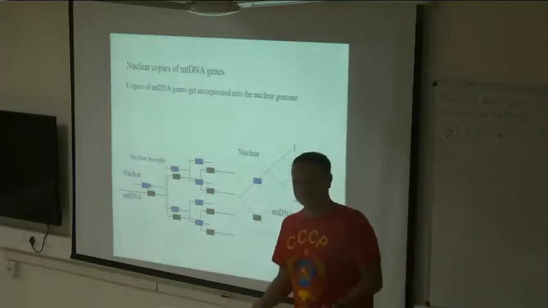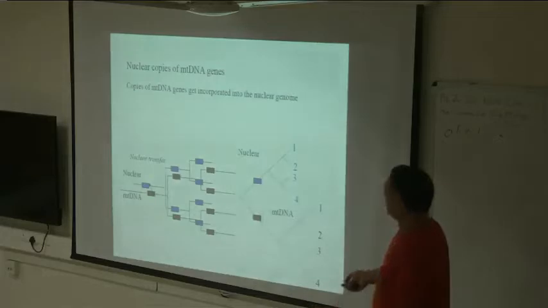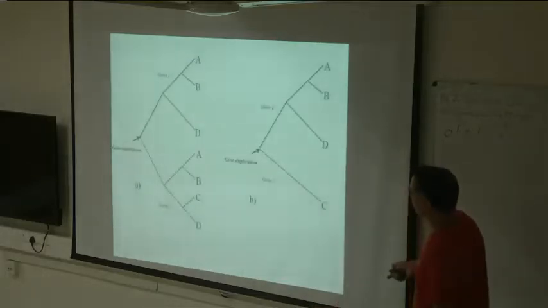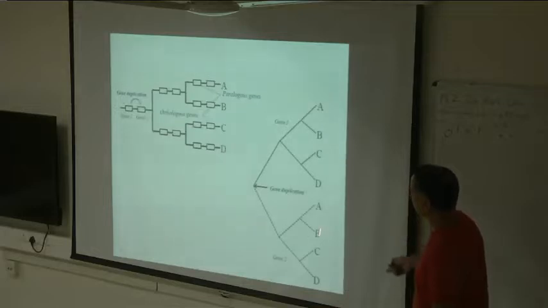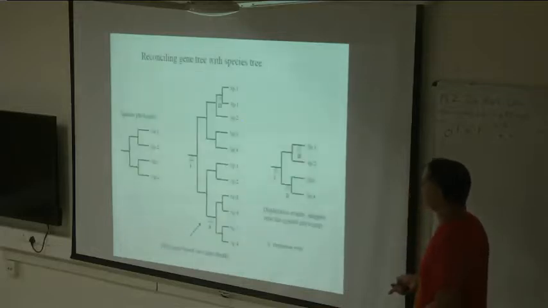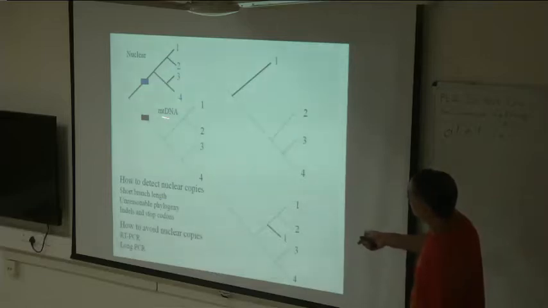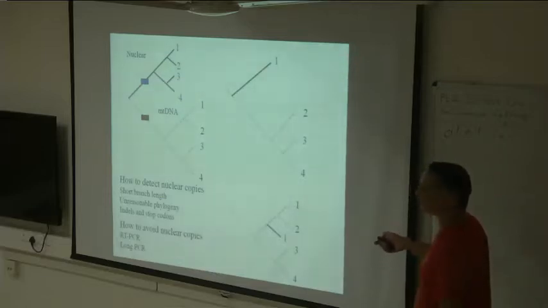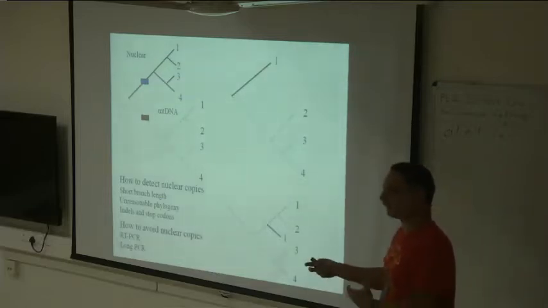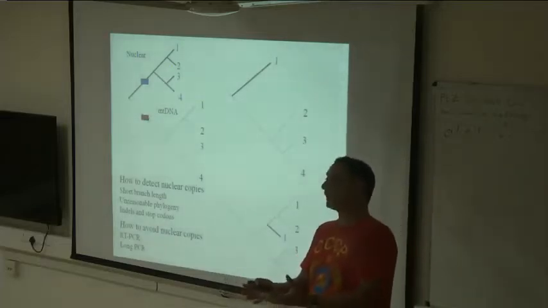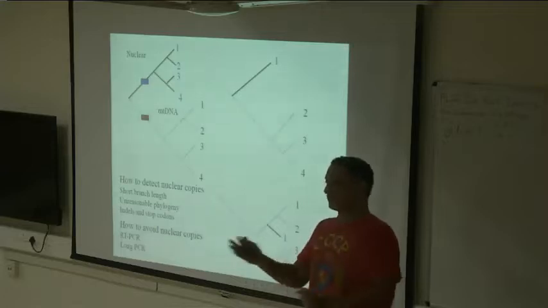They are pseudogenes. Okay, and so basically then you'll get two clusters just like here, right? And again, if for some species you use the nuclear copy, and there's a mix of mitochondrial and nuclear copies in your alignment, the tree will be messed up.